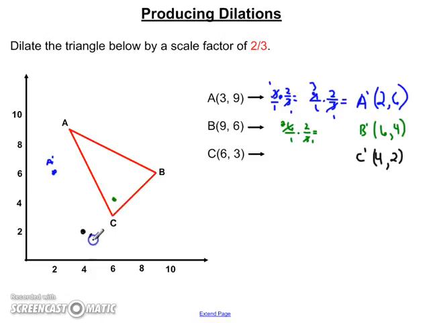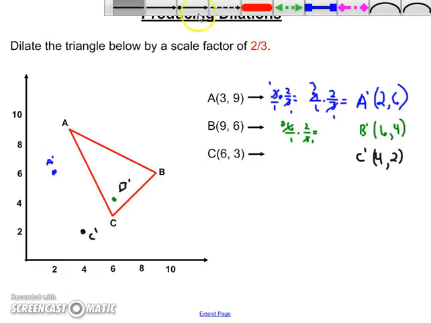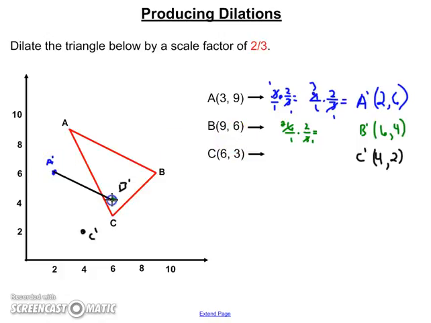This is C prime, and this one is B prime. If I take my line tool, you'll notice that, one, because it's only 2/3, it's slipped closer to the origin, and two, it's 2/3 the size, a little over half of what it was before.